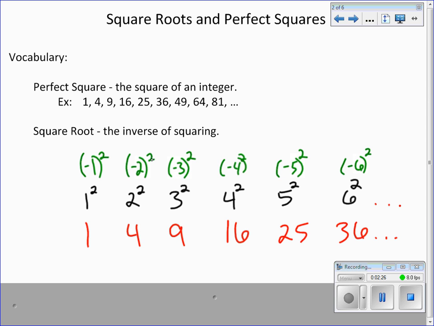Same thing for negative 2 to the second power: negative 2 times negative 2 gives us 4. And so it does work for integers, not just whole numbers, but integers. It's going to be any of these counting numbers and their opposites, because since you're multiplying it by itself and there'll be 2 negatives, it will give us a positive. So our perfect squares are going to be these numbers right here. And this is how we get to our perfect squares, by simply taking our numbers and squaring them.